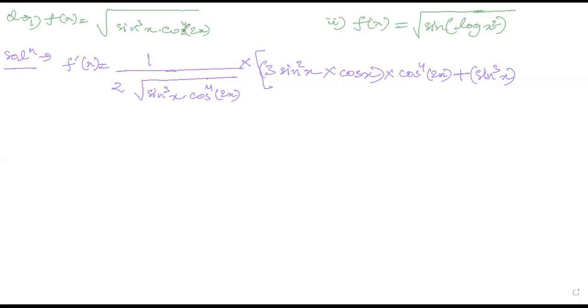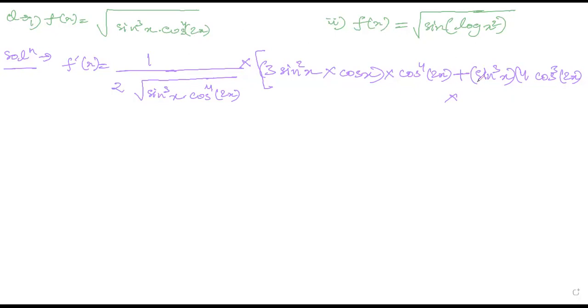Now the differentiation of the second, cos to the power 4 of 2x. First we differentiate the power 4, which gives 4 cos cube 2x. Then we reach cos 2x. It is not cos x, it is cos 2x, so we first focus only on cos.